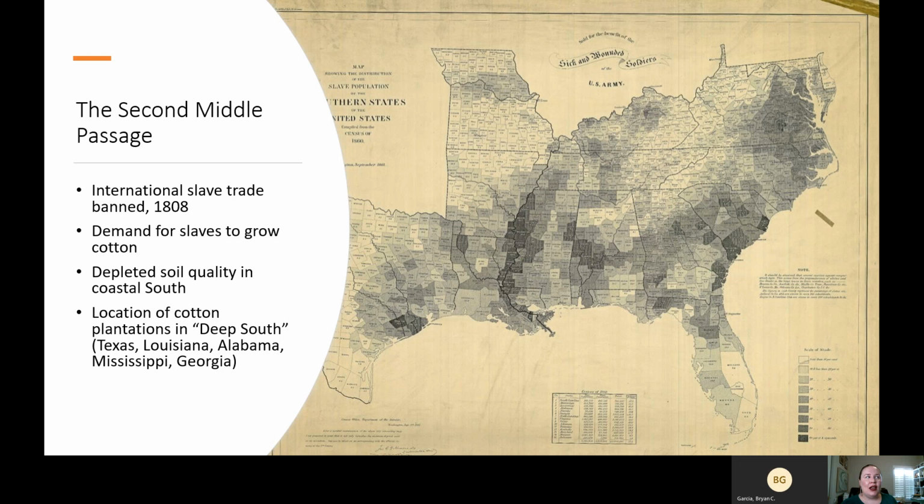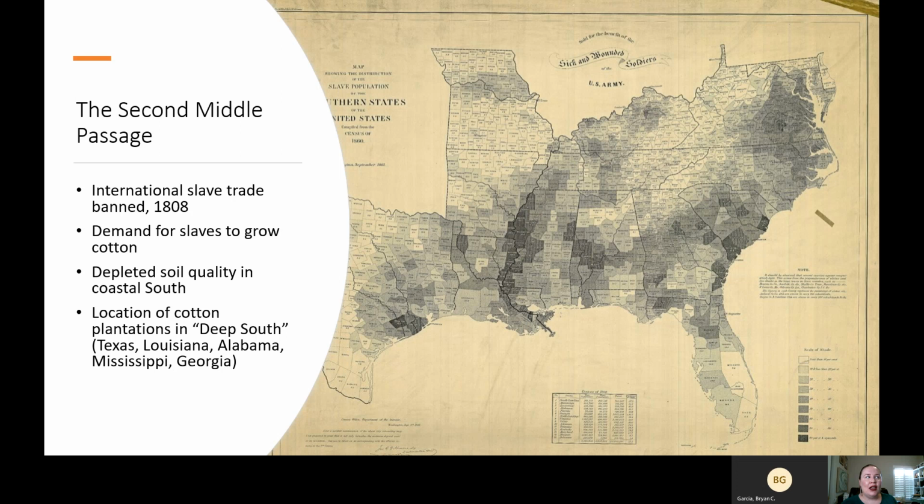So as the demand for slaves increases, we can't import anymore. That means you're going to be restricted to the slaves that are already here in the United States. So as the demand for slaves to grow cotton grows, and we also have this shift, you can see that we start seeing slaves being sold from the coastal South into areas like the Mississippi River Valley.